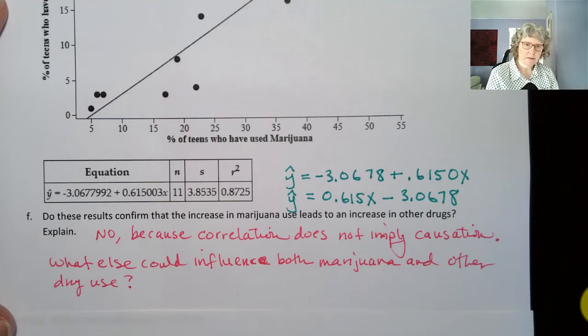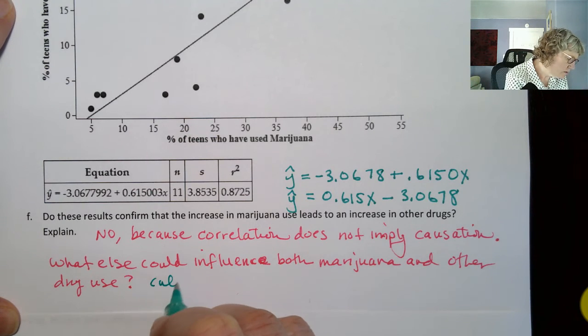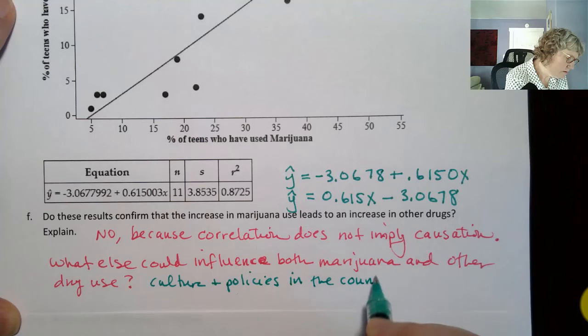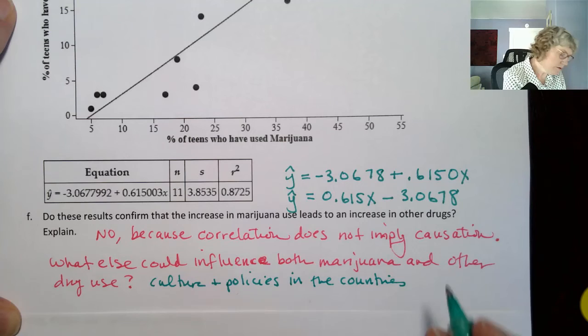Okay, so maybe you can think of some things. Some things I'm thinking about are different policies in a country, right? How do they treat drug use? So different culture and policies in the countries. I mean, even though they're different countries, though, there does seem to be a pattern.